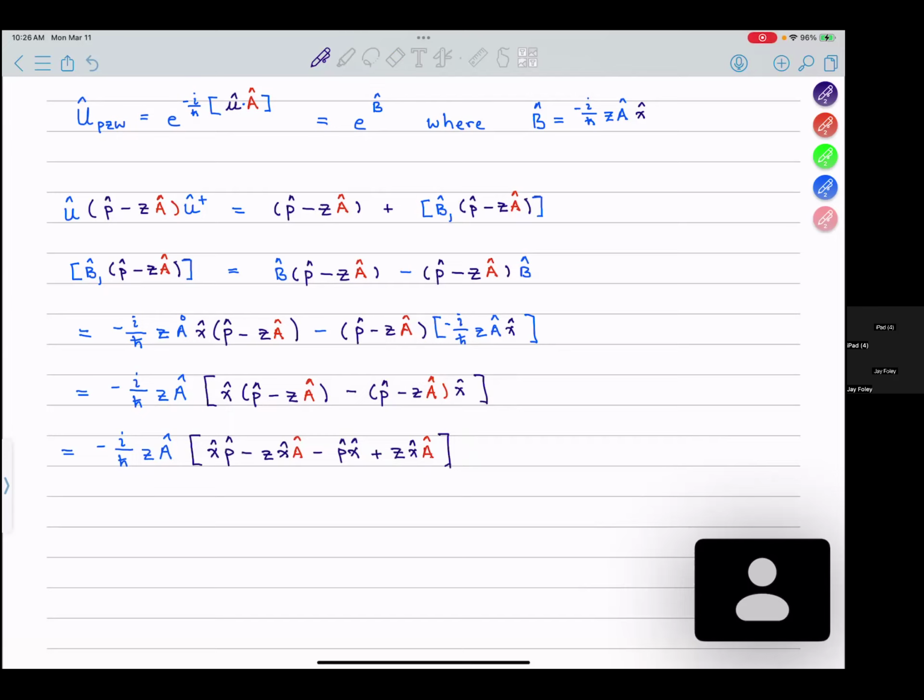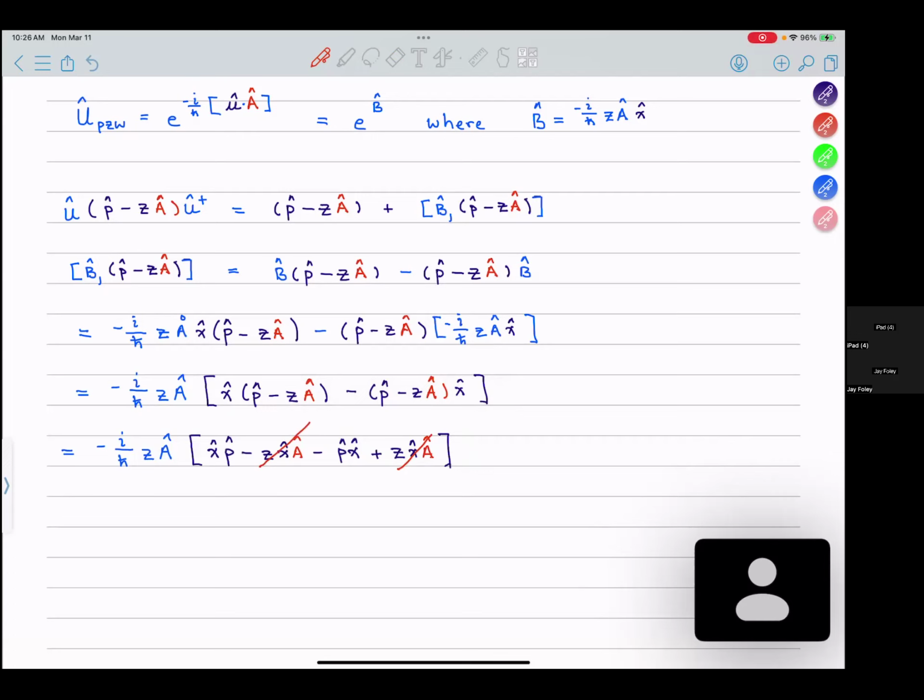That's because x hat is our matter operator for position, and a hat is our photon operator. So they act on different spaces, so they commute. So with that, this term exactly cancels this term.